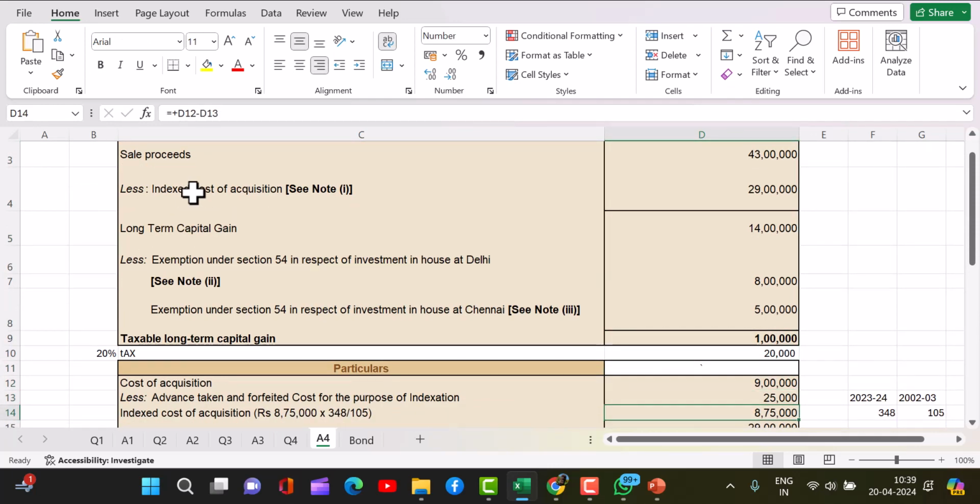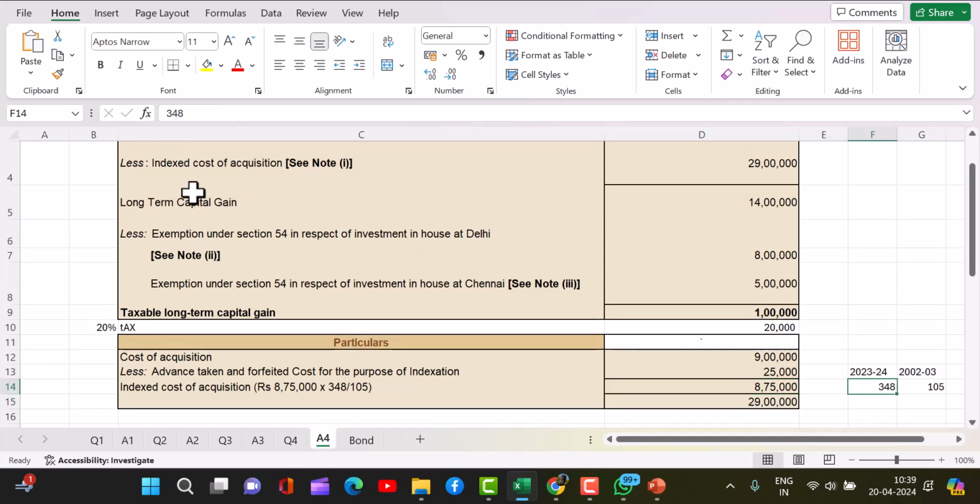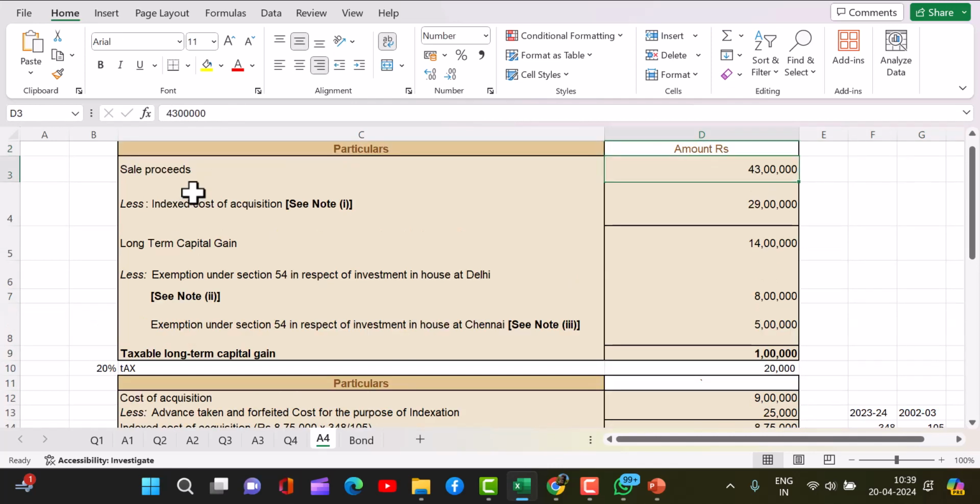He got an advance way before 2014. So his cost of acquisition to be indexed is 8,75,000, as he has sold it now. The index is 348. When he purchased it, it was 105. So the indexed cost of acquisition will be 29 lakhs.